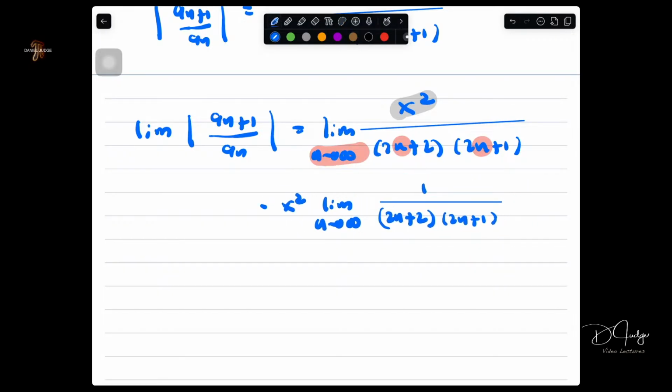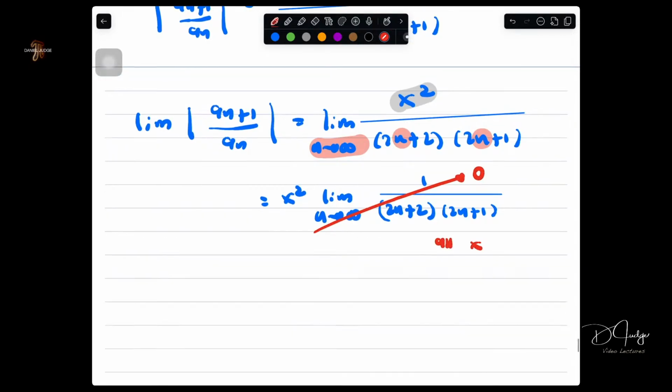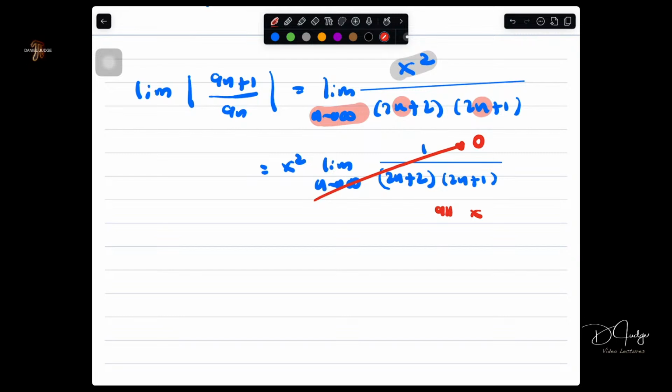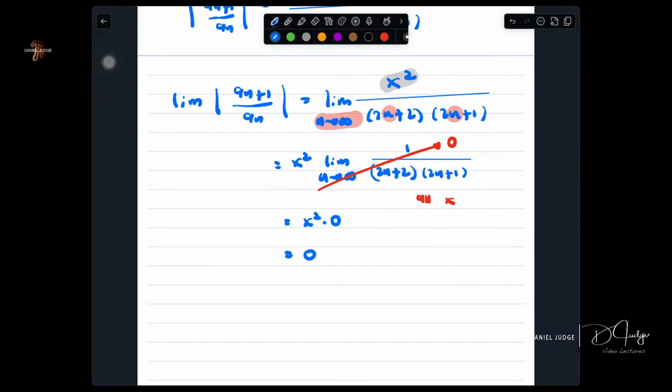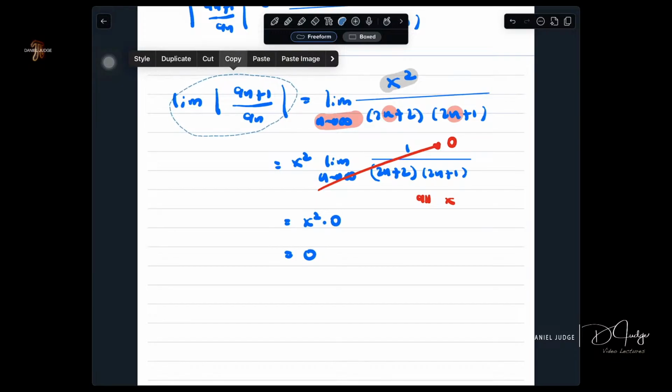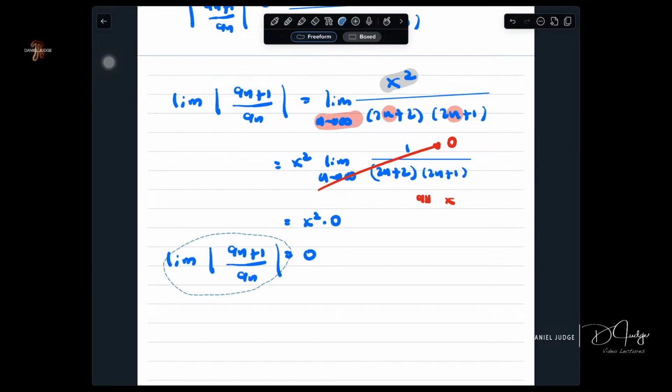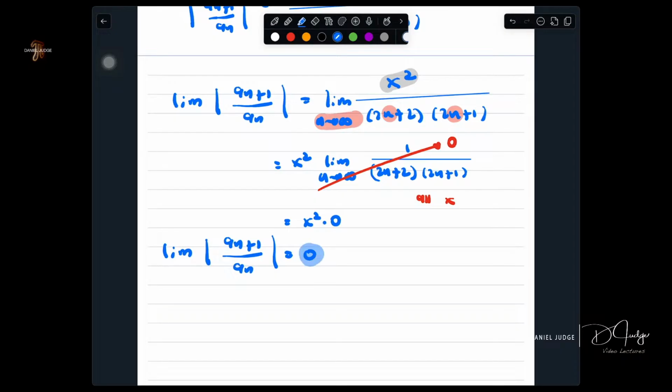So yet again, this limit here goes to 0 for all x values. And we're left with x squared times 0, which is simply 0. So what we're saying here is that this limit is the finite value 0, and that happens for all x.